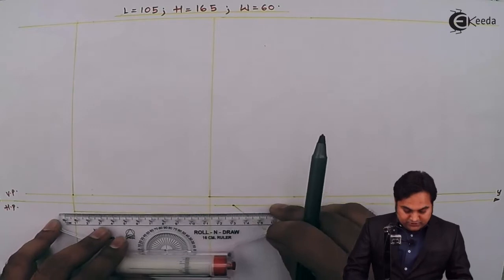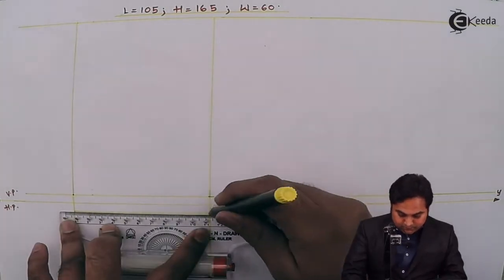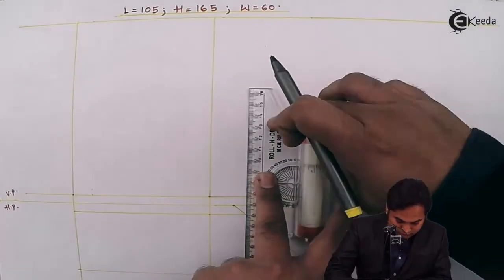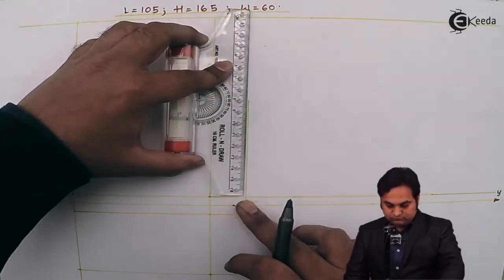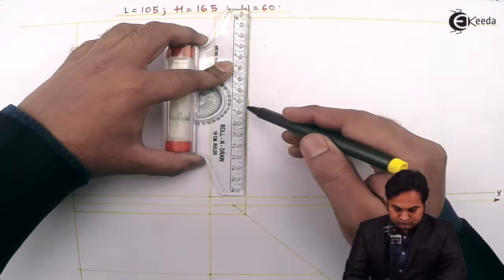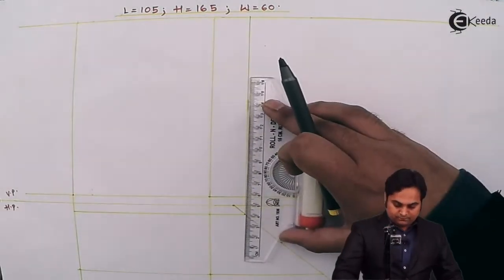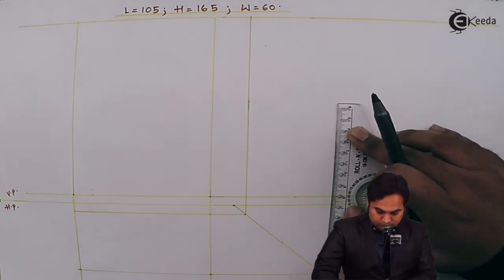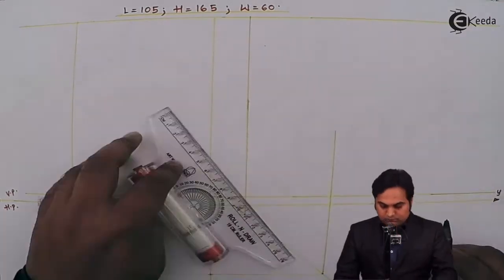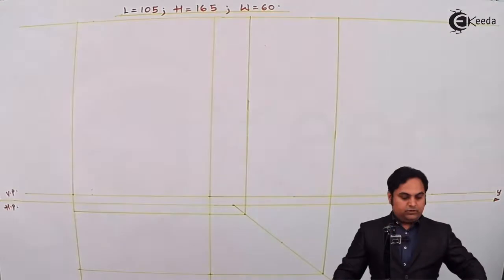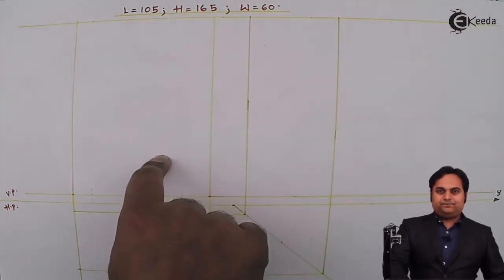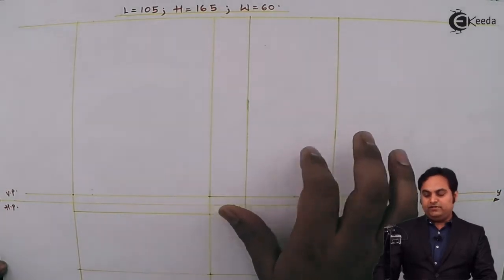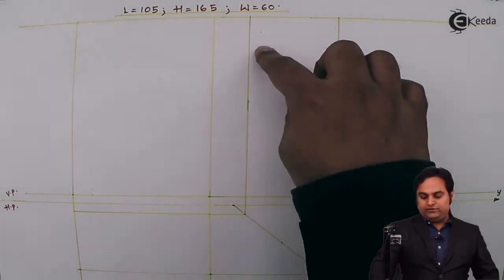Then projecting this width upwards. Now, in this rectangle I am going to draw the front view, over here the top view, and here will be the left hand side view drawn on the right hand side.